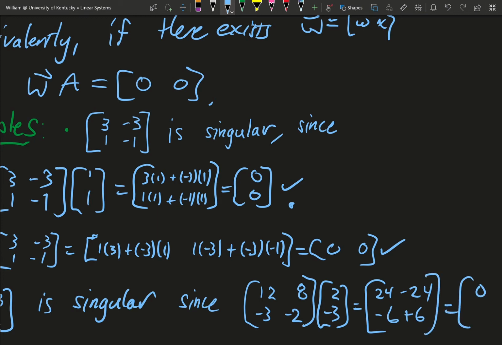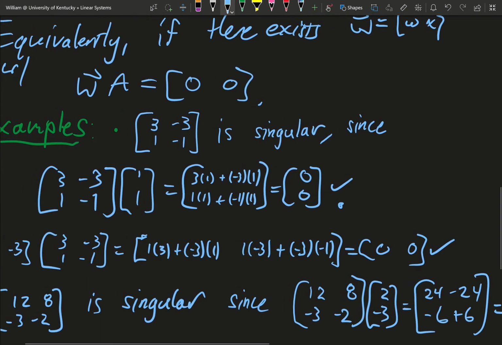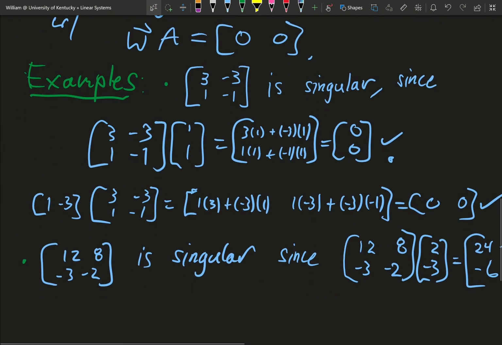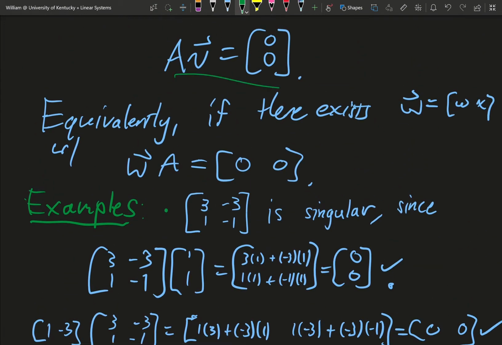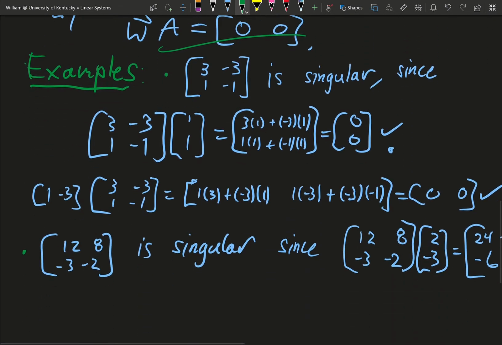So I get 0, 0. So to show it's singular, you only need to satisfy one of these conditions. And it turns out, if it satisfies one, it's going to satisfy the other. So that's enough to show that it's singular.